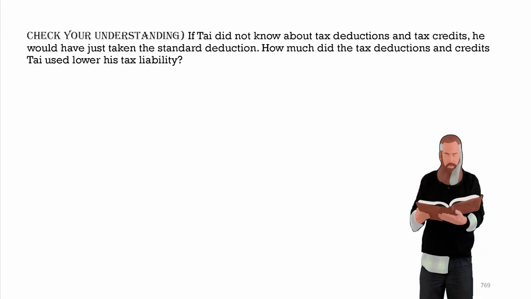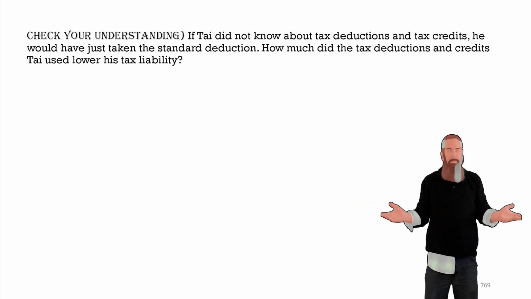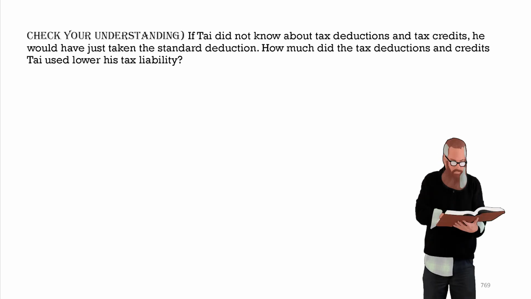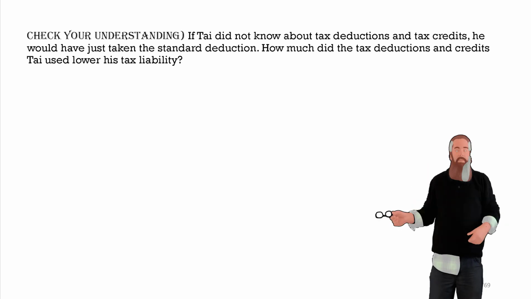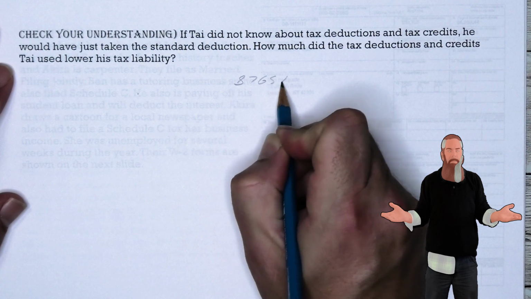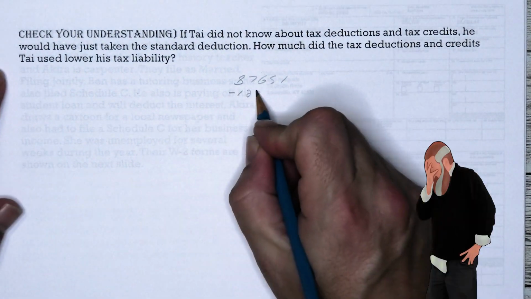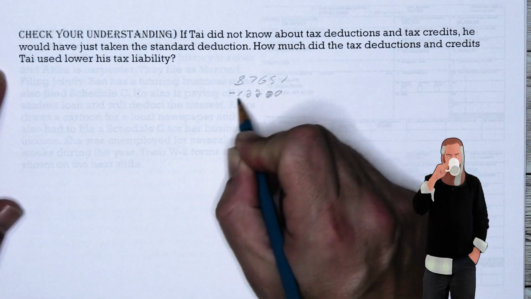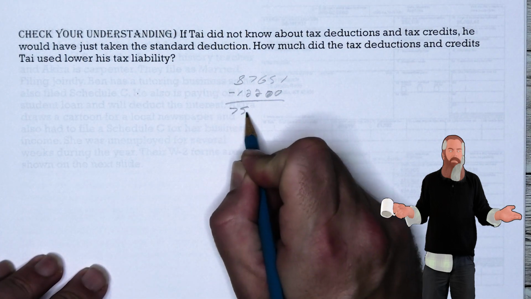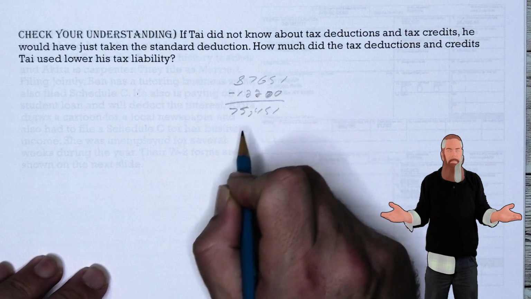Now let's check our understanding. If Ty did not know about tax deductions and tax credits, he would have just taken the standard deduction. How much did the tax deductions and tax credits used lower his tax liability? Well, he earned $87,651. With the standard deduction of $12,200, he would have been paying taxes as if he earned $75,451.